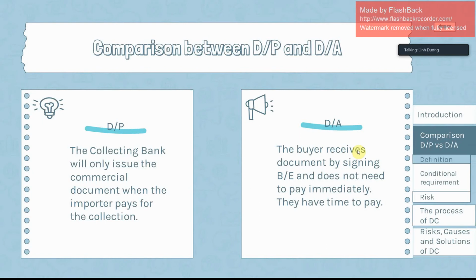For example, the collecting bank cannot collect fees from the importer. So the collecting bank has the right to ask the remitting bank to pay the fees, because the remitting bank asked the collecting bank to collect payment from the importer.